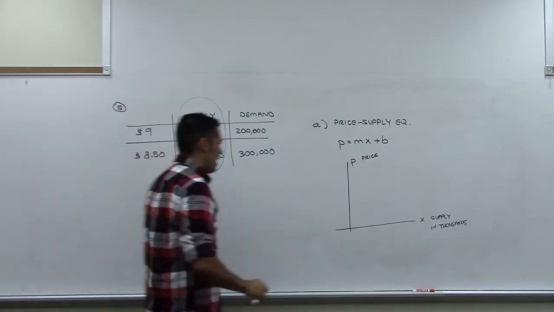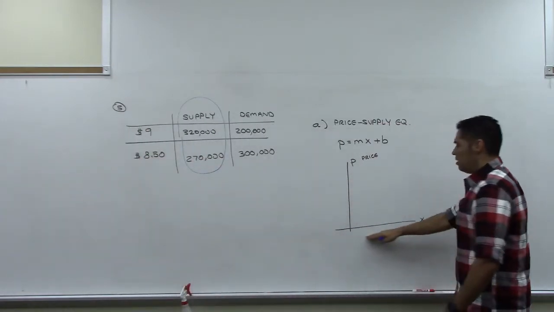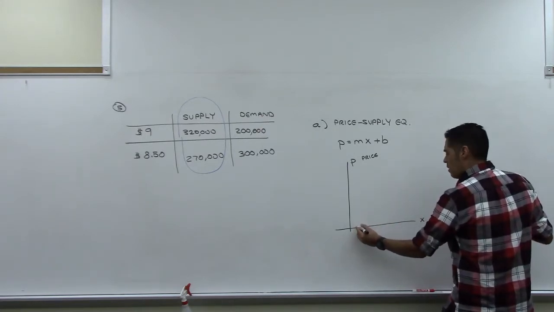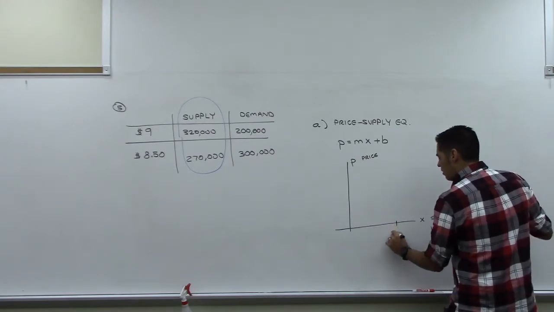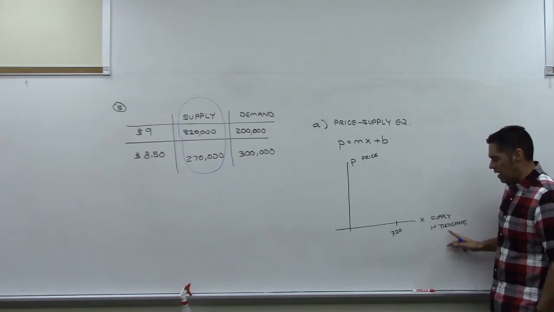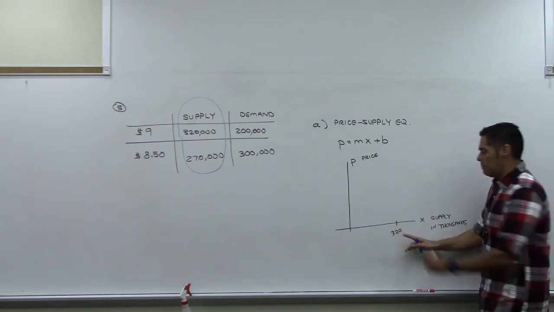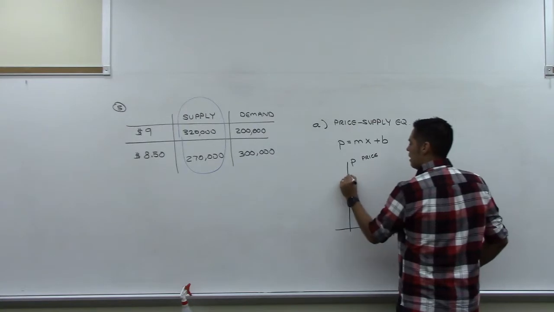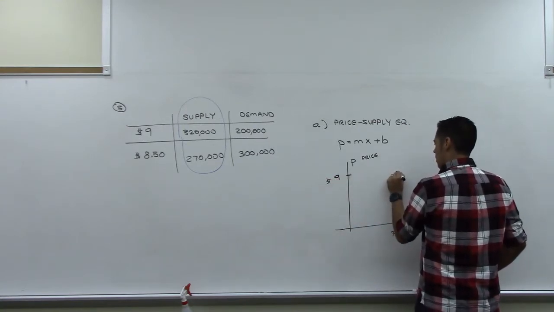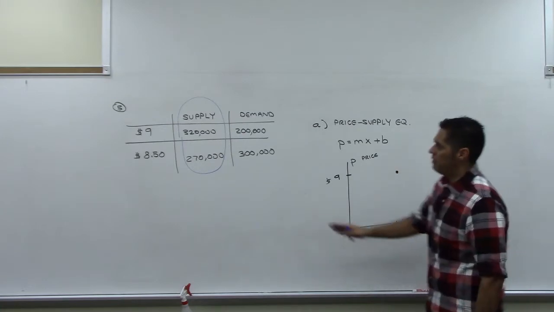So the way I can look at that, supply is this axis. If supply is 320,000, which really turns into 320, measured in thousands, then my price should be $9. Okay, that's that first piece of information.